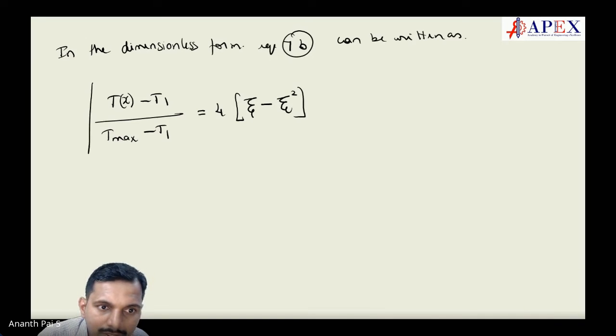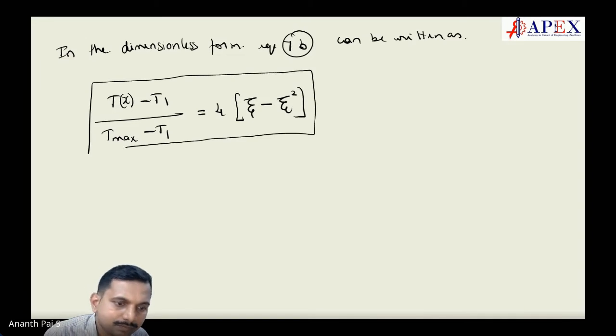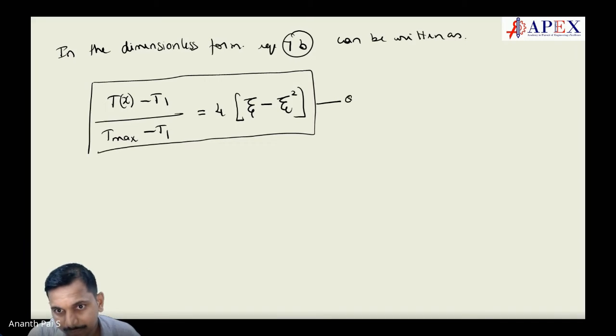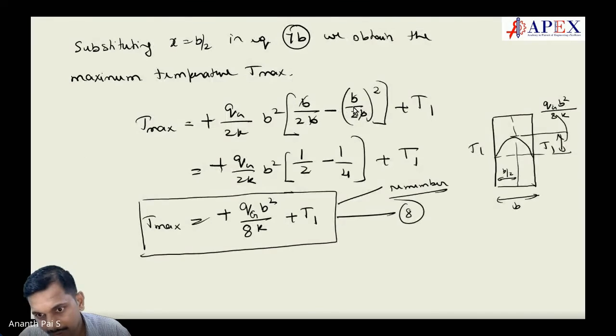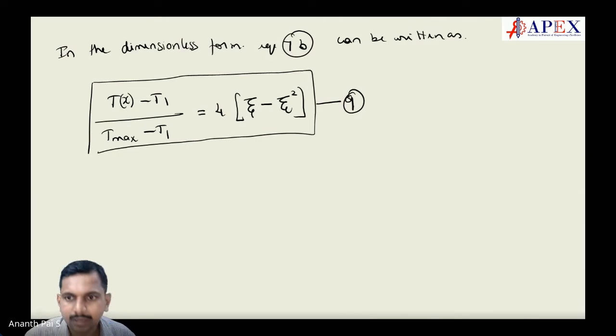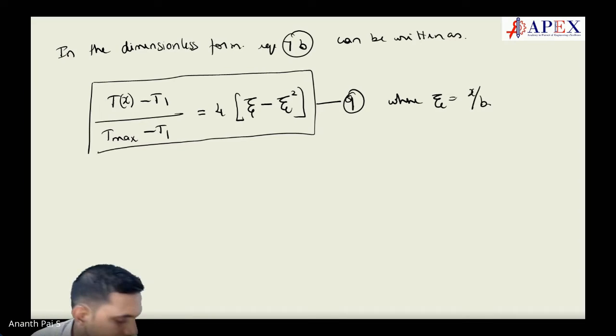You write this as equation number 8, where zeta is equal to x by b.